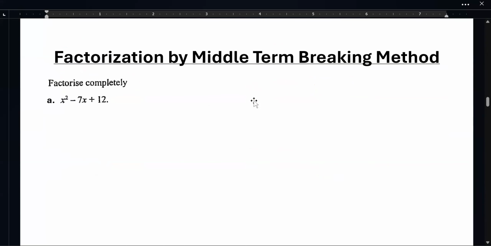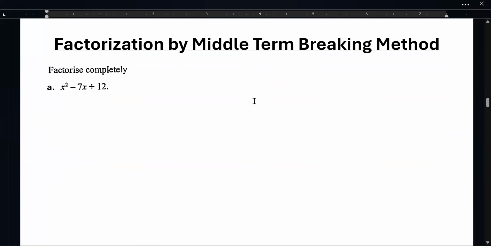That is the important one. My middle term breaking. You can see we have just three terms and we have nothing common here. How can I factorize this kind of situation?